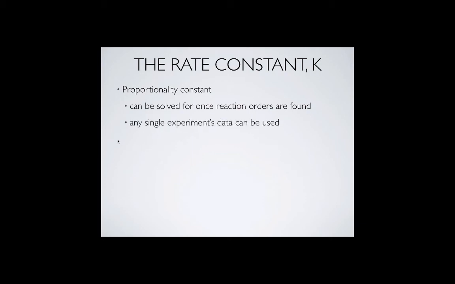Now, any single experiment's data can be used. k is not as constant as we think a lot of constants are. With k, it's very condition dependent, and it does change with temperature. So as soon as the temperature of a reaction changes, we do have to do a new series of experiments and find a new value for k.